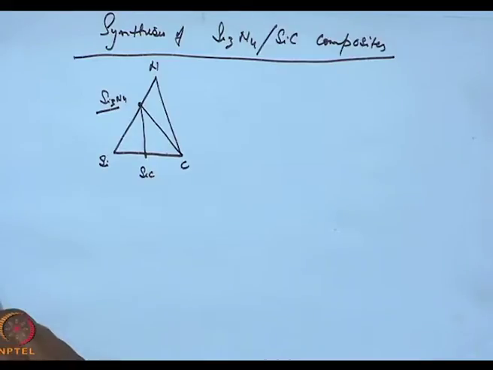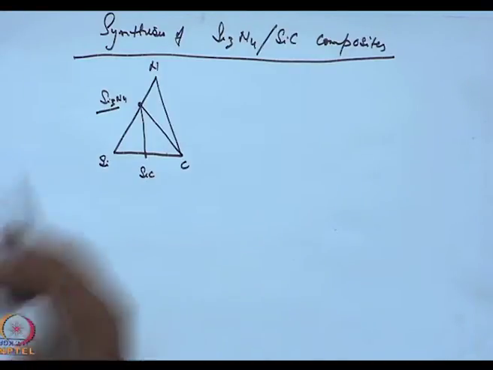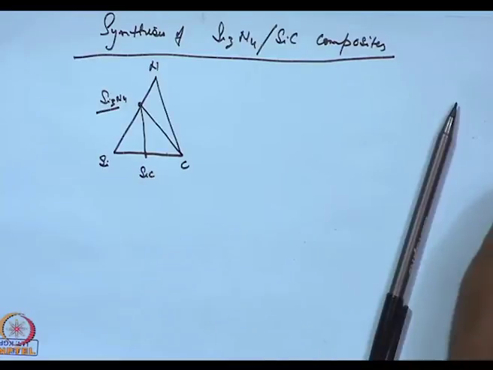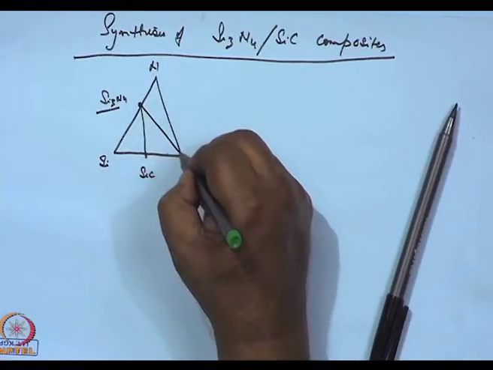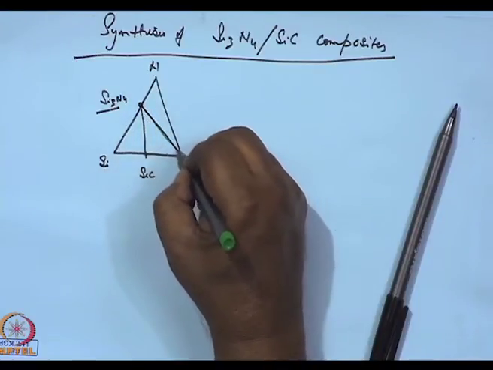Generally, in such composites, the phase of silicon nitride generated is on this particular tie line.